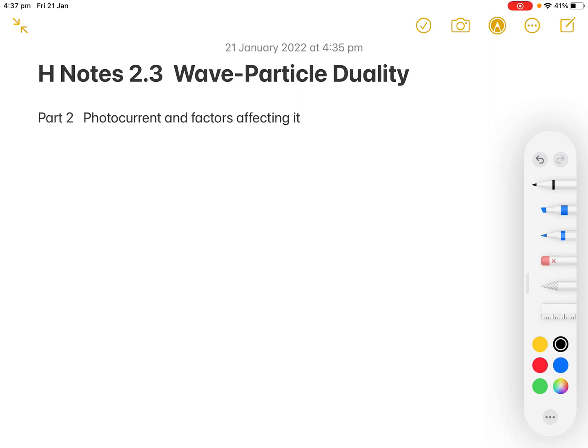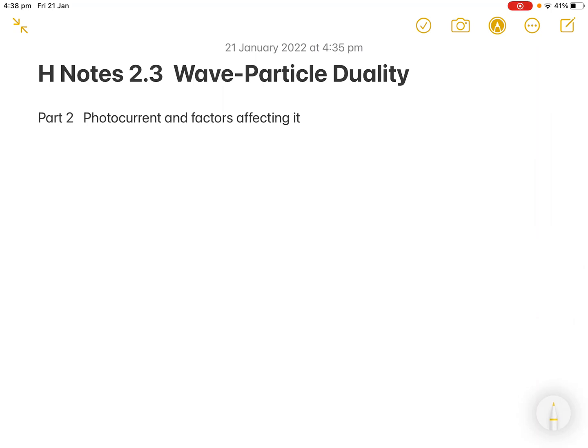Well, the first thing is that when photoelectrons are emitted, if they are emitted into air, then they will be absorbed by the air, so you won't really have much current to talk about. So in order to conduct experiments on the photoelectric effect, the whole thing needs to take place within a vacuum. So here's a typical experimental setup.